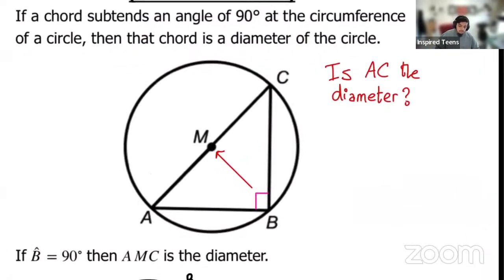But now what happens if we don't know if it's a diameter? If we can prove that this specific chord subtends a 90-degree angle, then that chord is definitely the diameter. That's what the converse is.